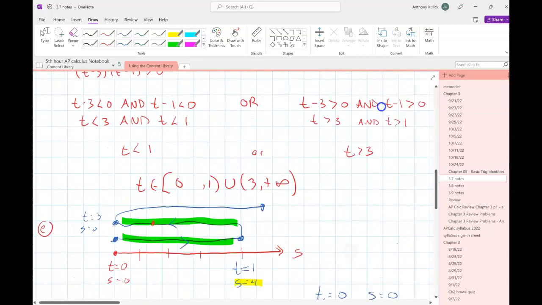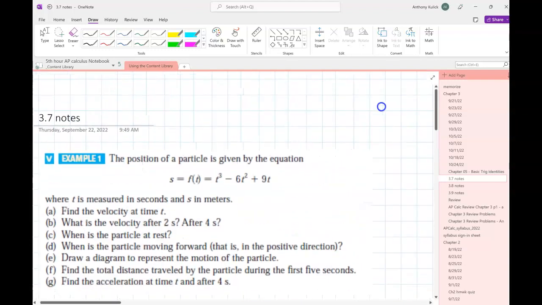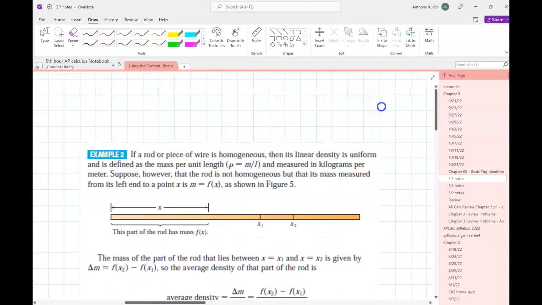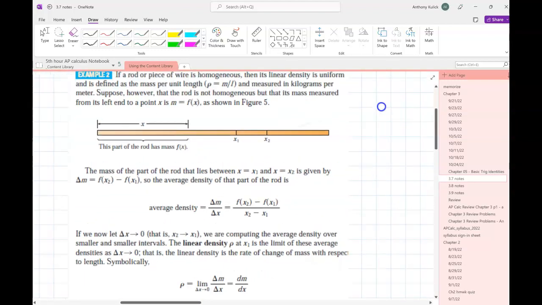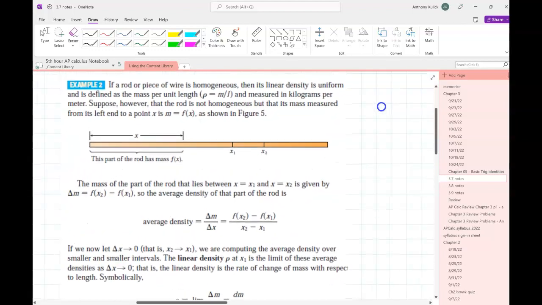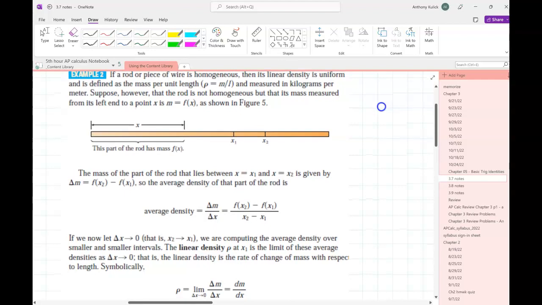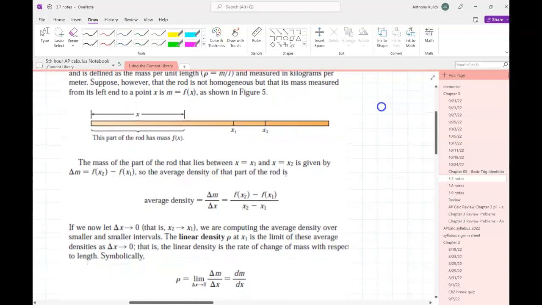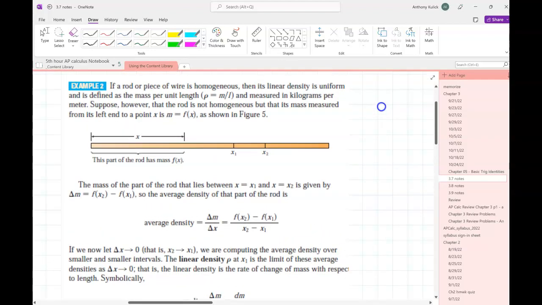All right. Let's go and look at my next example. This is science-y. So this says, if a rod or a piece of wire is homogeneous, when we say homogeneous, what do we mean?